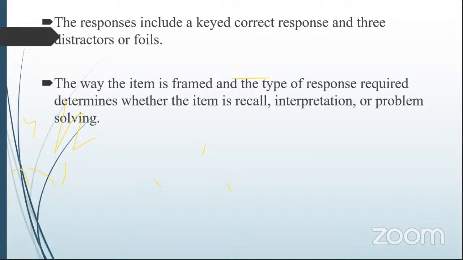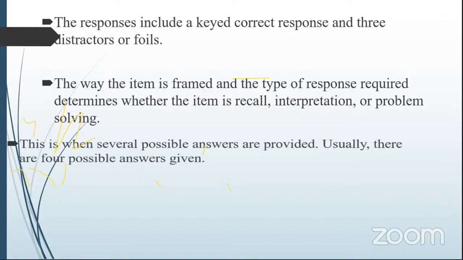The responses include a key, the correct response, and three distractors or false ones. The way the item is framed and the type of response given would determine whether the item is a recall, interpretation, or problem solving.